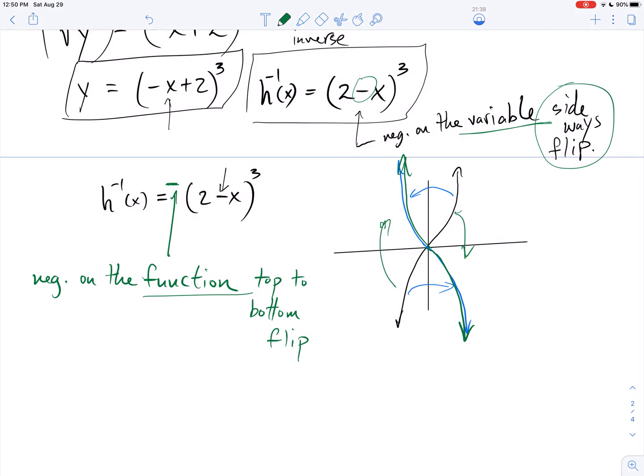And what I want you to see from this is when it comes to a cube function or a cube root function, odd, when it's got that odd thing going for it, that's the key. Odd power, odd root. A sideways flip and a top to bottom flip will end up in the same spot. It's the easiest one to flip because you can't get it wrong.